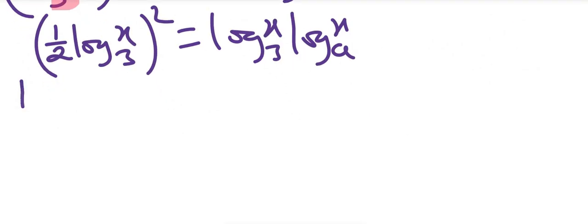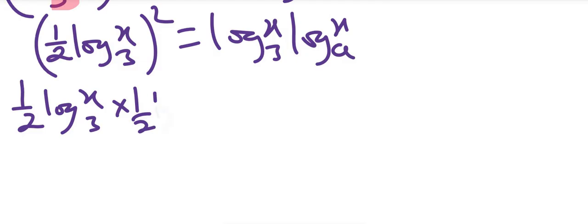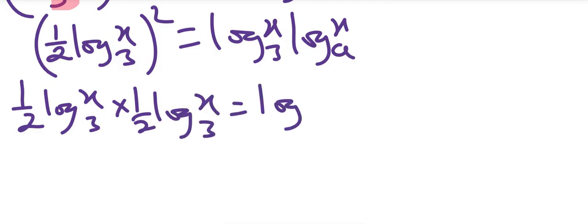Moving on, I can write this twice: 1 over 2 log x base 3 times 1 over 2 log x base 3 is equal to log x base 3 times log x base a.